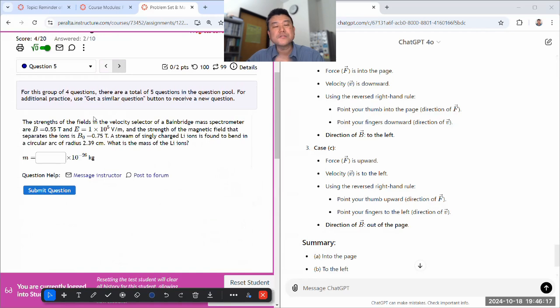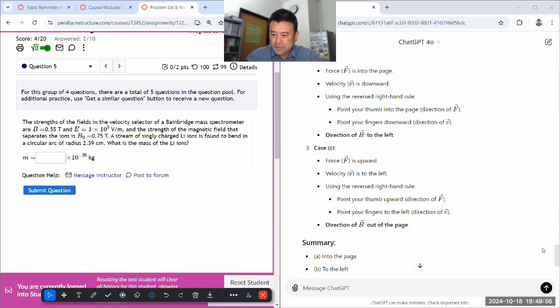It requires you to use knowledge of a few things, like the velocity selector, and then have how much charge. So let me do this question. I think this question involves enough of the moving parts that I can imagine someone looking at it and just feeling lost. Let me just channel that and ask ChatGPT to help.